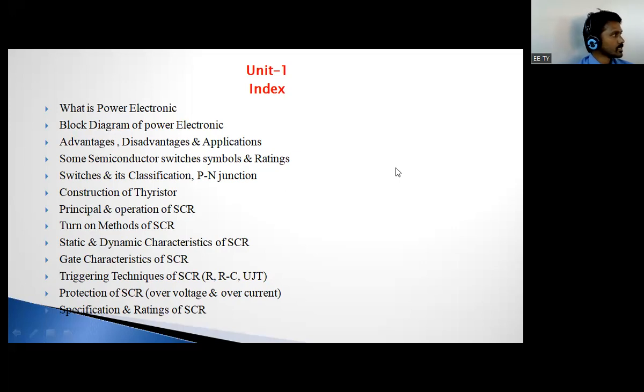Thyristor family means SCR, and some more devices are there, triac, diac, which we will see later. So all these power semiconductor devices are operated as switches, so first we should know how a switch operates. Okay, let's see some switching operation.